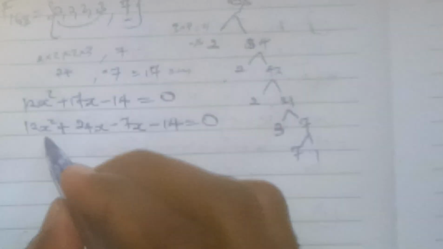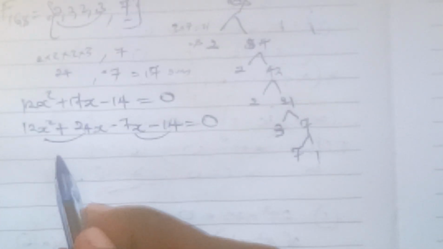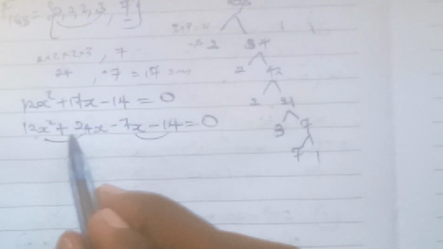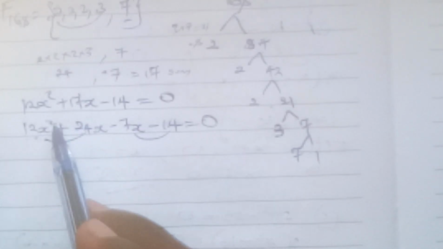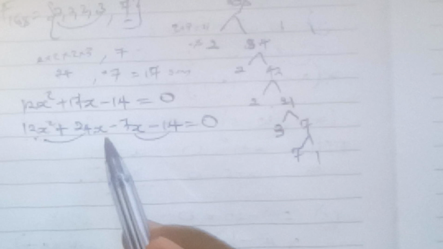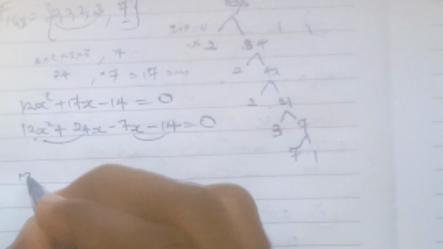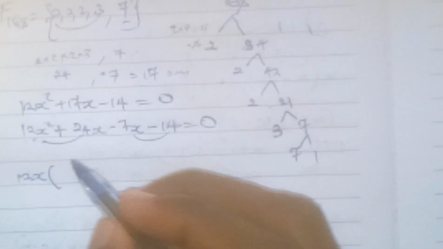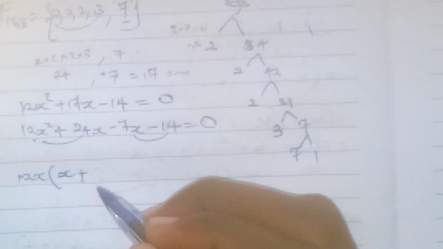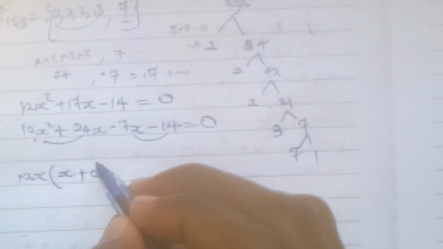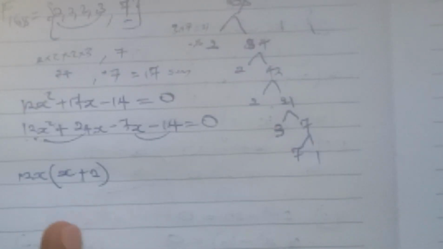So that we can now pair. In the first pair, we have 12x, which is common. 12x is in 12x squared, and 12x is also in 24x. So we have 12x as a common term, remaining here with x. Then plus, 12x removed from here will remain only 2, because 2 times 12x goes back to 24x.